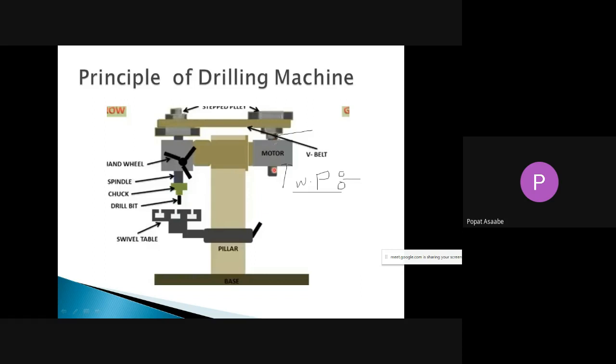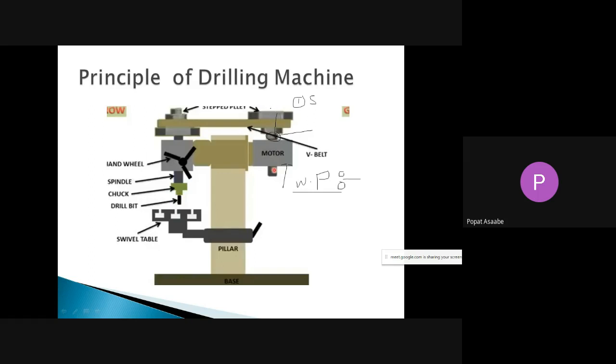When we give the electric supply to that motor, your motor starts and its output shaft starts to rotate. On this output shaft of your motor, we have mounted one set of stepped pulleys. When the output shaft of the electrical motor starts to rotate, this stepped pulley also starts to rotate.